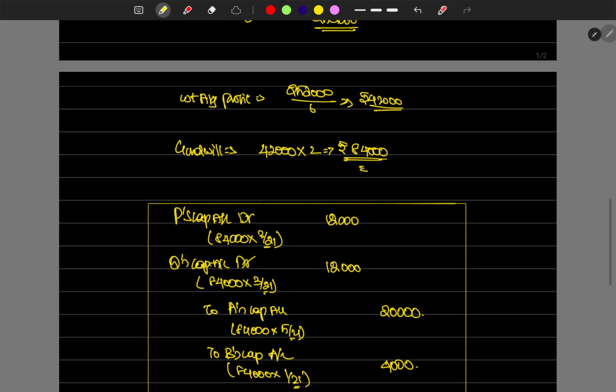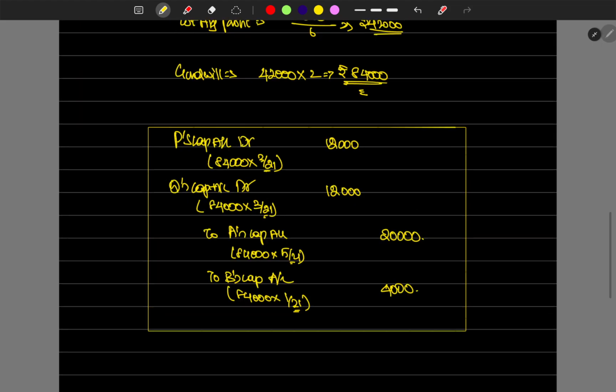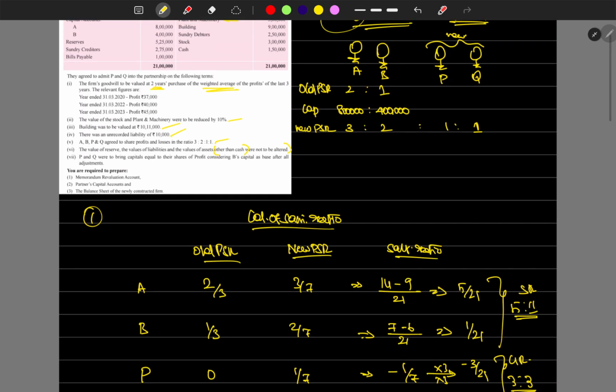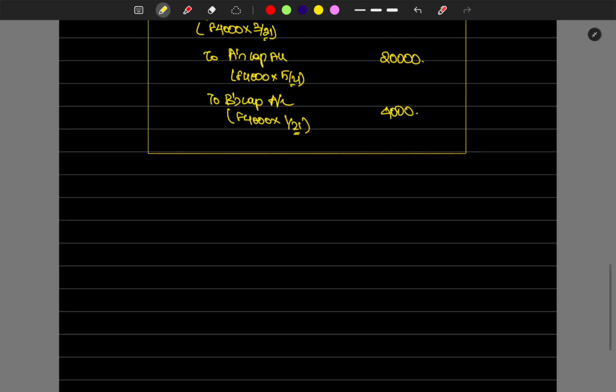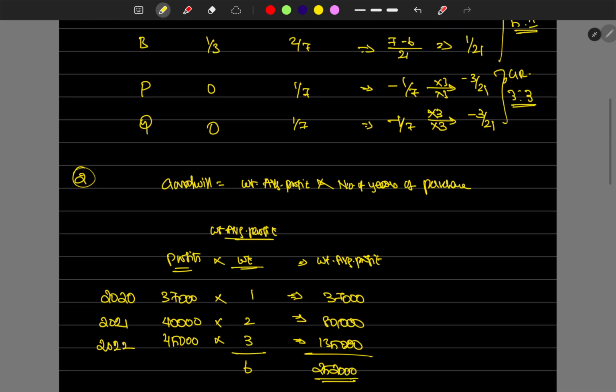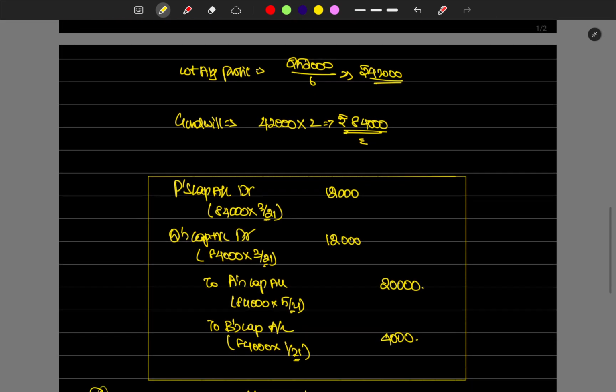Okay, so now we are done with the goodwill, right? Now we can directly proceed with the revaluation account. That's a memorandum revaluation. Okay, step 3. Memorandum revaluation.